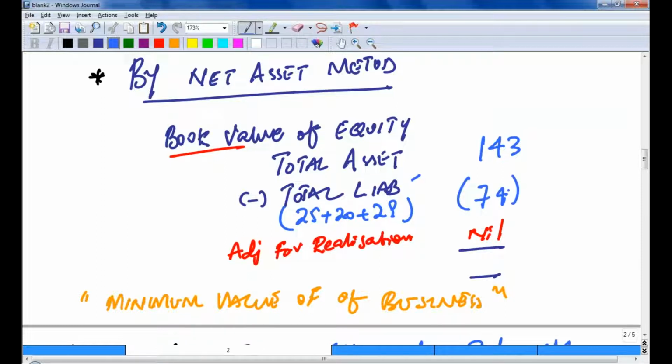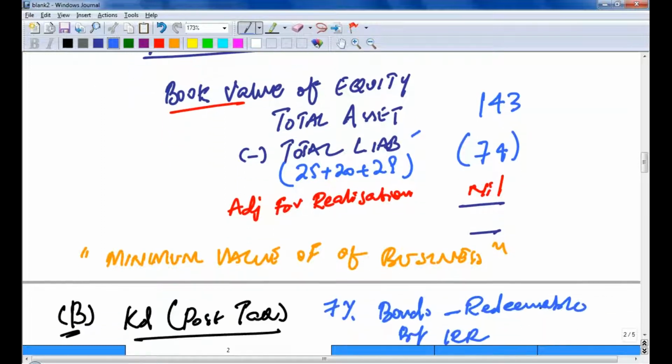Candidate, do remember one thing. This is the book value. The examiner can mention that there is some difference of the asset as compared to book value. What does it mean? The realized value of the total asset may differ from the book value. But if nothing is mentioned, we will assume that book value of total assets equals market value of total assets.